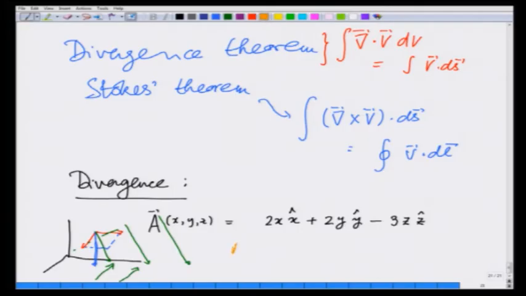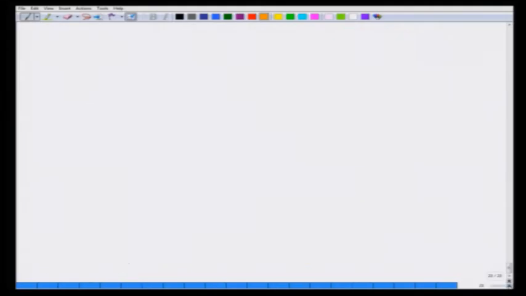So, what we want to show is that the closed surface integral of A dot ds is going to be the volume integral of the divergence of A. For convenience, I am going to choose a box of size 1, which is centered at the origin, or let us take a cube of size L, it does not matter.